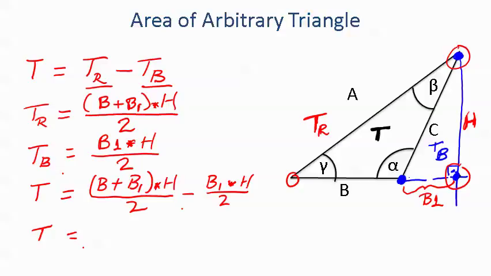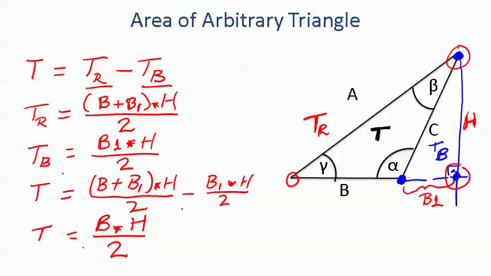We can take the next step and put them under a common denominator. They have the same denominator. I'm going to skip one algebra step and say that the final result is B times H divided by 2. I will let you evaluate this result.